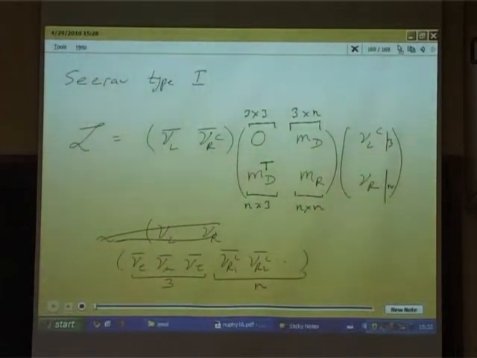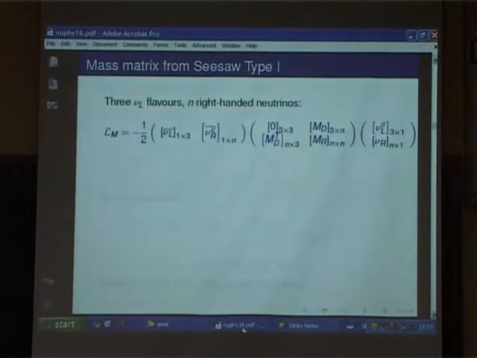Why would it be done this way? Because the whole matrix has to be symmetric. The Dirac matrix itself is not symmetric. What appears here is M_D, so what appears here has to be M_D transpose, because the Majorana matrix is symmetric. Instead of numbers, we are making it matrices, so it's the transpose of this. This is what I have written.